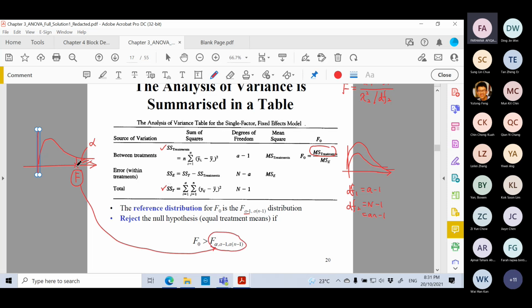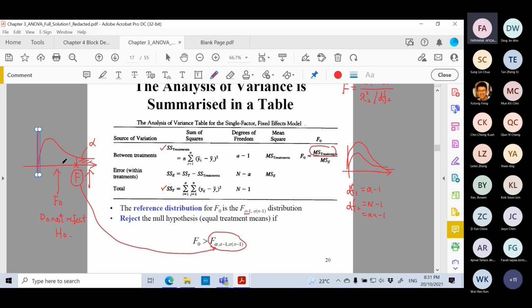Okay, then once you get this, based on the data you can calculate the F naught. The F naught either falls here in this stage, or it falls here.